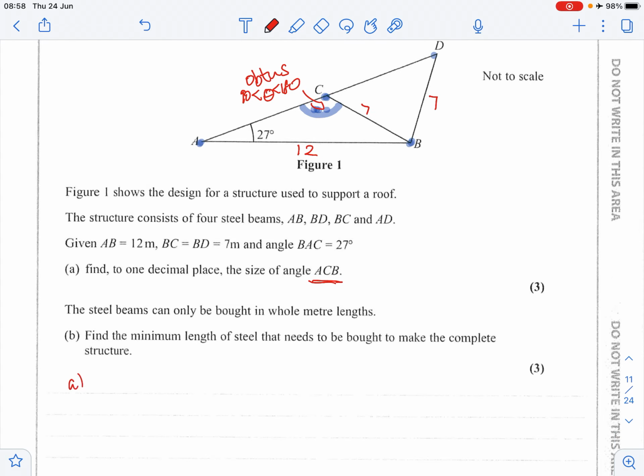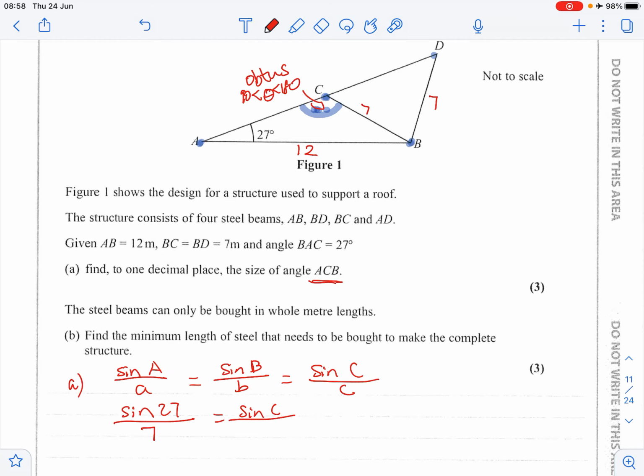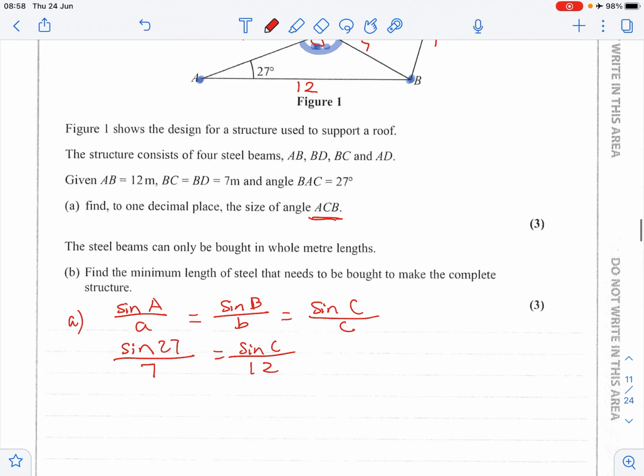For finding the missing angle, we have sine A over a equals sine B over b equals sine C over c. So we have sine 27 over 7 equals sine C, which is the angle we want to find, over the side 12.